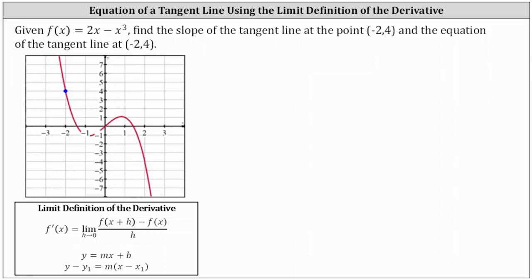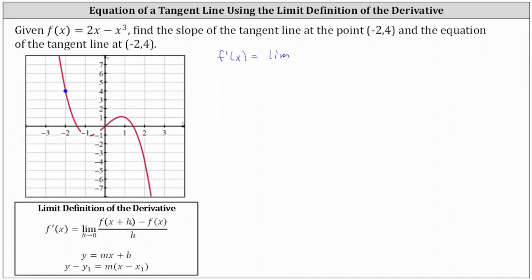Let's begin by setting up the limit definition of the derivative. F prime of x is equal to the limit of the difference quotient as h approaches 0. The difference quotient is f of the quantity x plus h minus f of x all divided by h.